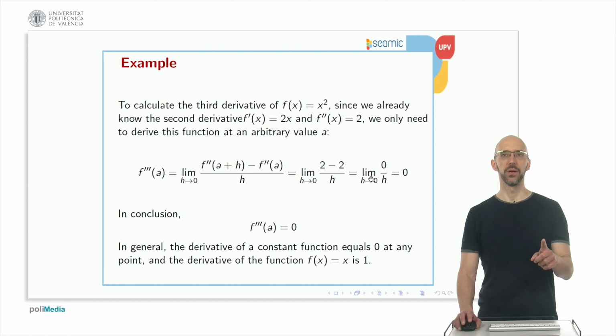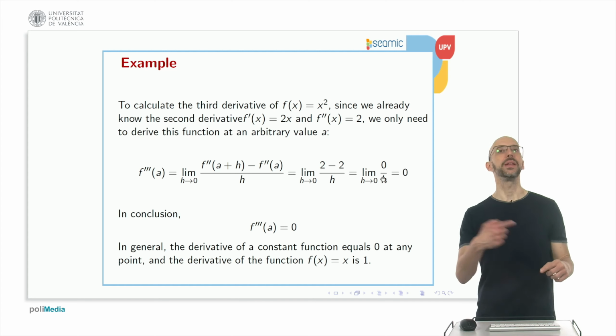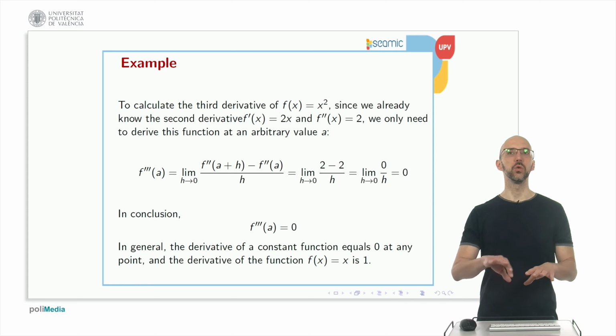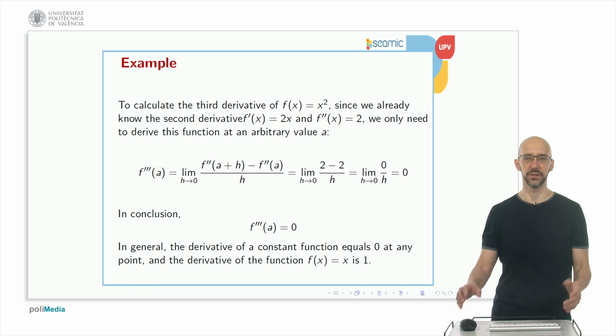The idea is that before calculating the limit, imagine that this is not here, and what you need to do is calculate what is 0 over something. 0 divided by anything is 0 if the denominator is not 0, and in this case, h tends to 0. It's not 0. It's approaching 0. So 0 over something is going to be 0 all the time. So first you simplify, then you calculate the limit. And this way you solve the indetermination.